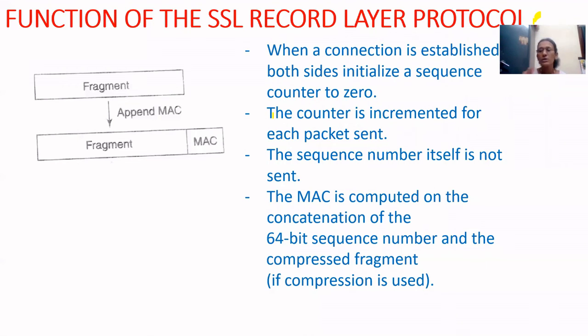The sequence number is not sent in the packet, but it is used for MAC computation. So to calculate the MAC, it will concatenate the 64-bit sequence number and the fragment. Sometimes the fragments may be compressed if compression is to be used, otherwise the fragment as such. The sequence number and the fragment together are concatenated and MAC is calculated. MAC will be appended to the fragment.